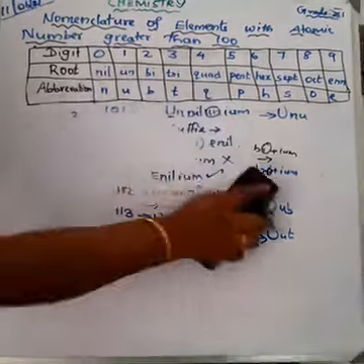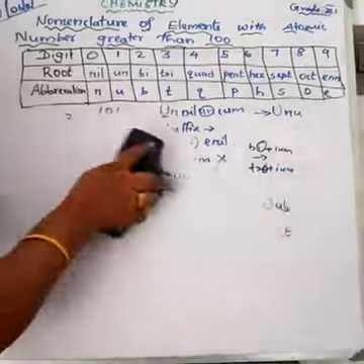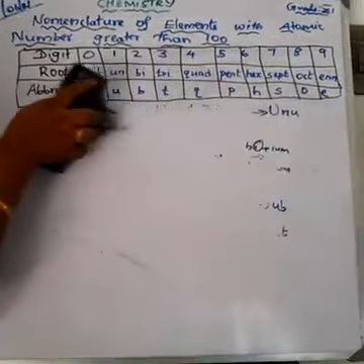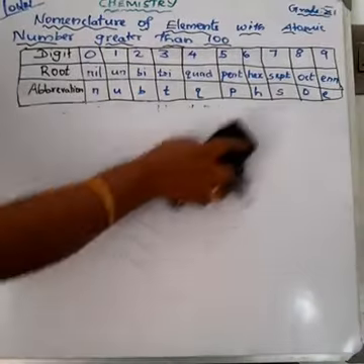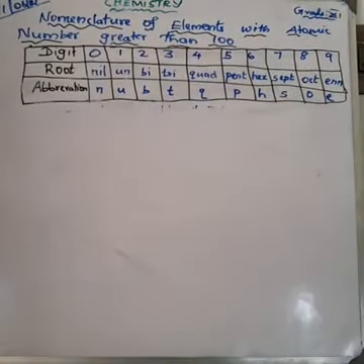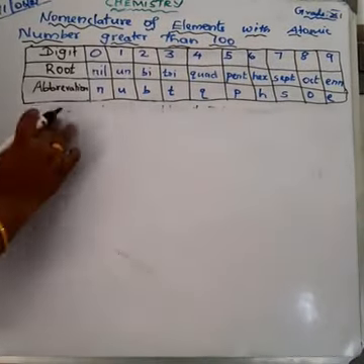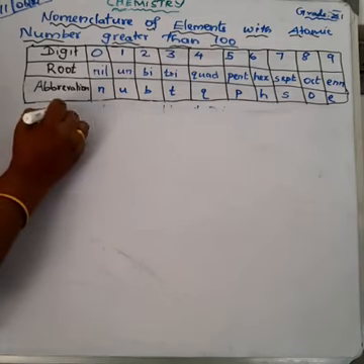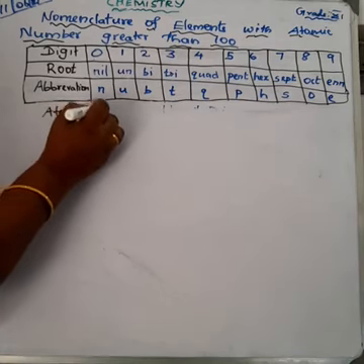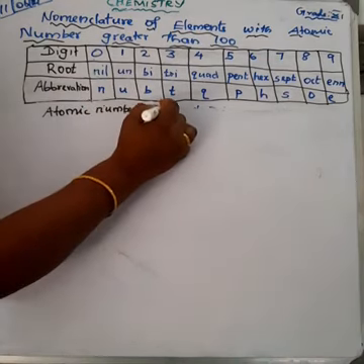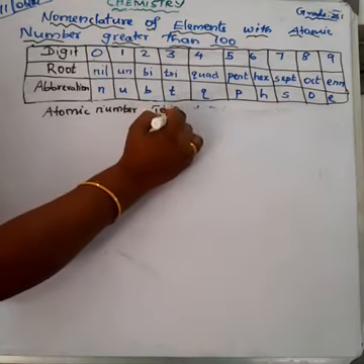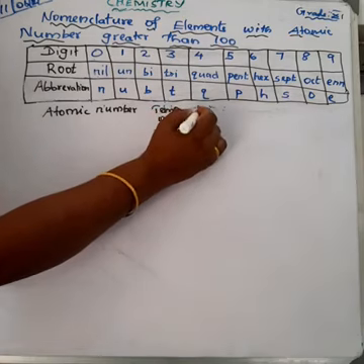Understood? Okay. For example, the atomic numbers 101 to 118 are given in your book: the temporary name, temporary symbol, and the name of the element and the symbol of that element. Okay, I can tell you now.